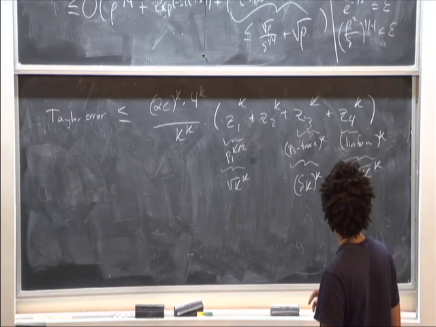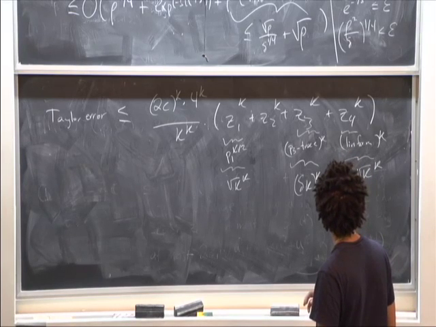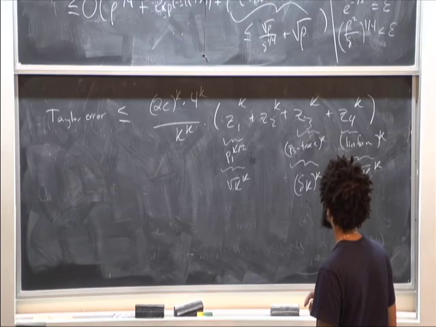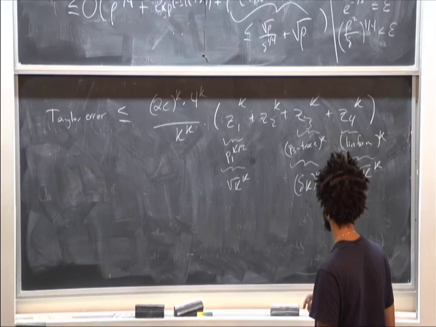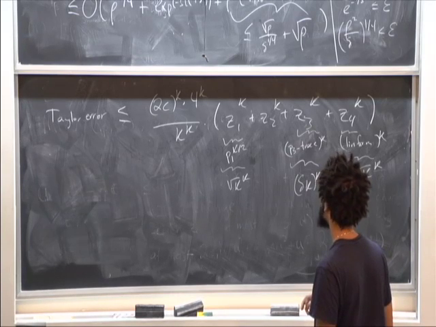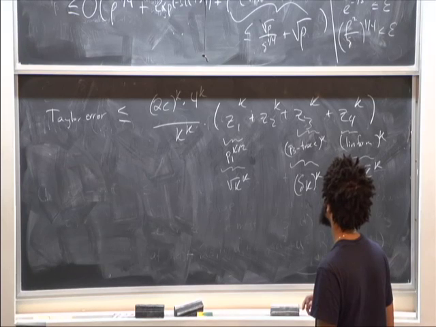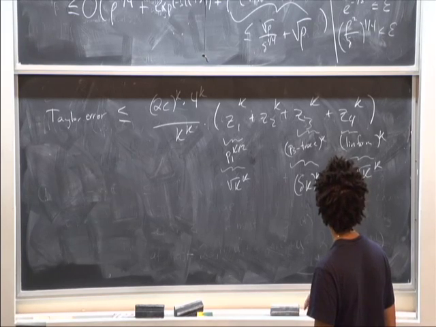Sorry, say it again. Oh, you mean the value of k? The value of delta has to be... Oh, I see, 1 over 8c. Right, so c is 1 over rho.